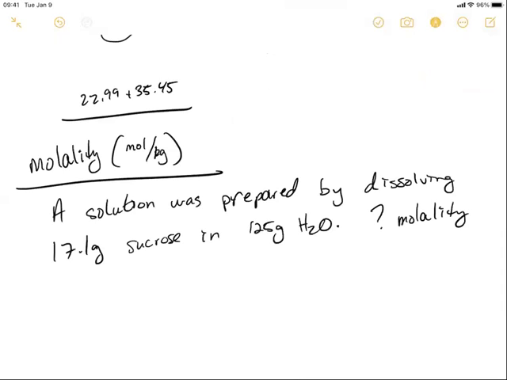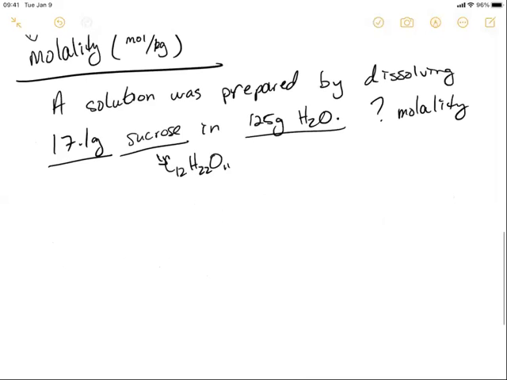Okay, so again, we have our measurement of concentration, which is molality, which is moles per kilogram. I'm given the solute, which is sucrose. If you don't remember, sucrose is C12H22O11. I'm given the grams of that, so I'm going to change that to moles, and then I'm given the grams of the solvent, which I can very easily divide by 1,000 to make it kilograms.